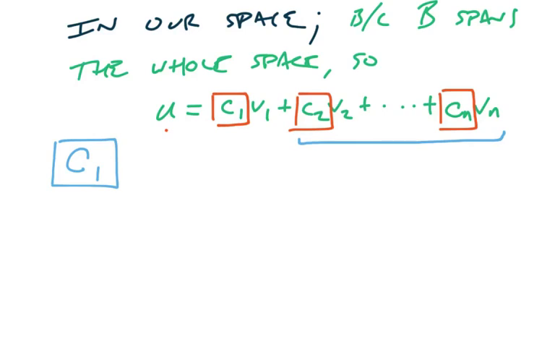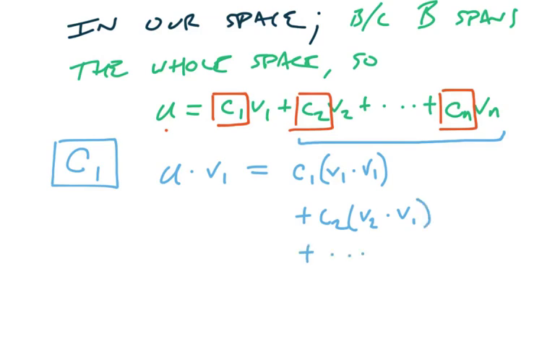If I take this decomposition and I dot both sides of that equal sign by v1, right? So I'm going to take u dotted by v1 over there, and I'm going to take C1, and then here I'm going to have v1 dotted with v1, plus C2, v2 dotted with v1, and so on up through Cn, vn dotted with v1.